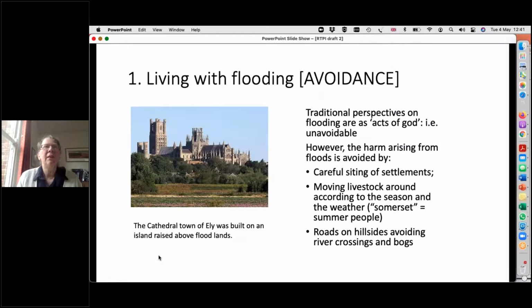So living with flooding or avoiding floods is the traditional perspective. So this might see flooding as an act of God and unavoidable. It will happen, and therefore we need to avoid being vulnerable to it. And we do that through carefully setting our settlements above the area that's liable to flooding.